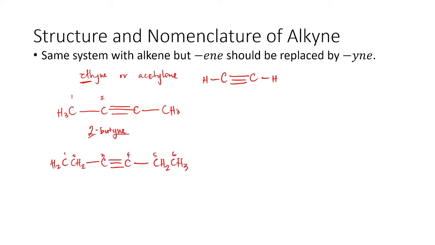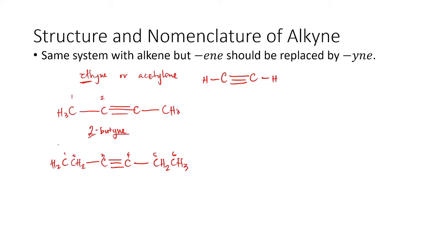In naming this organic compound, it follows the same concept as our alkenes, wherein we just need to count or find the parent chain. This is a straight chain, so this will be our parent chain. Then we will give the lowest possible position to our triple bond.